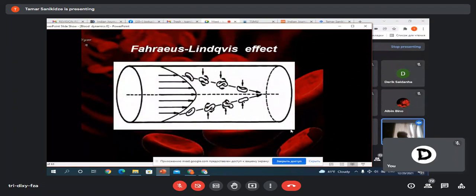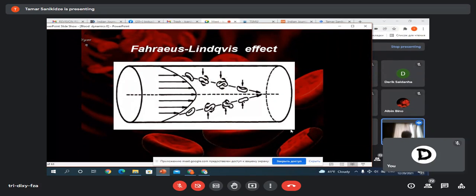Now, it must be noted that in macro vessels, the erythrocytes are not distributed as in the micro vessels. Their form is not important for the distribution in the macro vessels because they are wide.